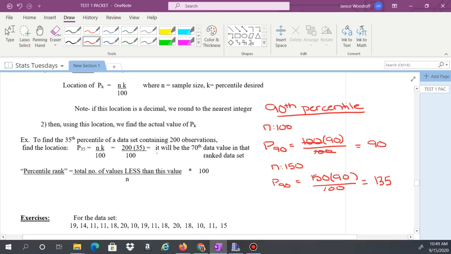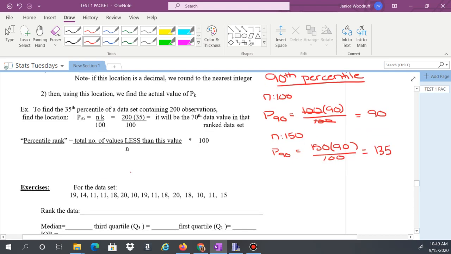Now the percentile rank is going to be the total number of values less than this value times 100 over n. So what that looks like would be like this. Let's say we want the percentile rank of the value 18.